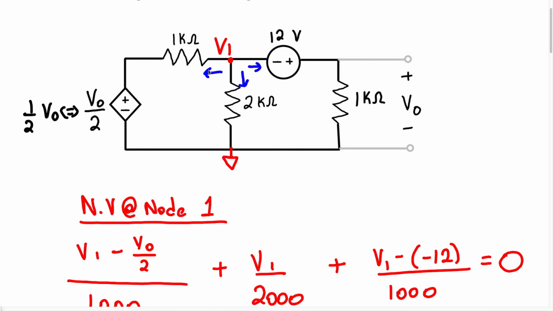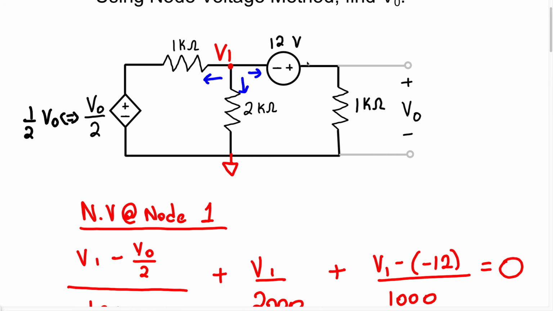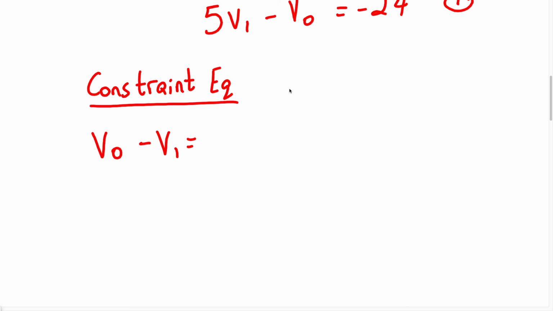So VO minus V1 equals this voltage source to be 12 volts. Okay? So that's the constraint equation. I'm going to label this equation 2, but I'm just going to rewrite it so that V1 can be in front. So we're going to have negative V1 plus VO equals 12. So this is equation 2.